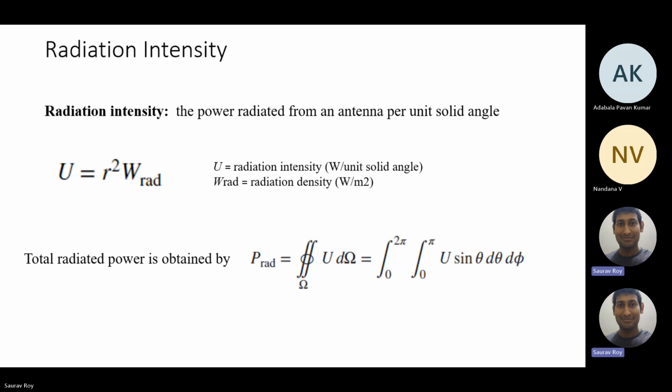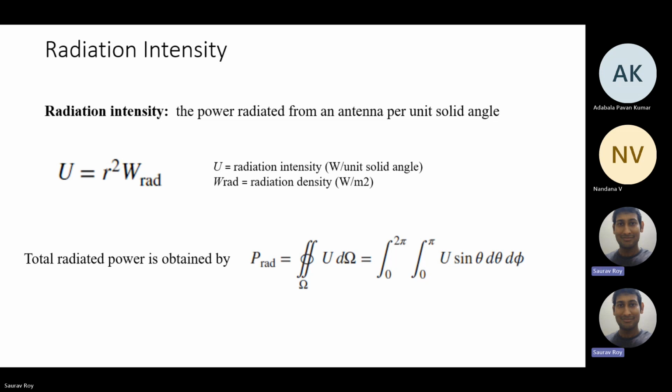The definition is capital U equals r square times omega rad, where omega rad is the radiation density. So radiation intensity and radiation density are connected in terms of r square.